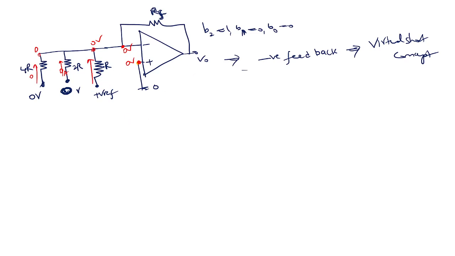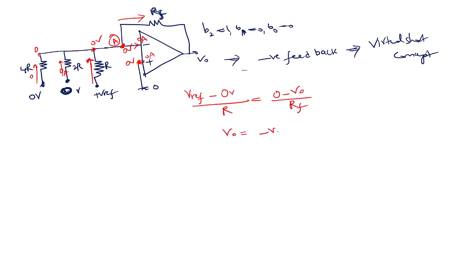What is the relation between V0 and V reference? You can say like this. Okay, this is 0. The current entering the terminal is 0. So whatever current is entering, the current has to leave, right? So if I apply KCL at point A, (V reference minus 0 volt) divided by R is equal to (0 minus V naught) by RF.